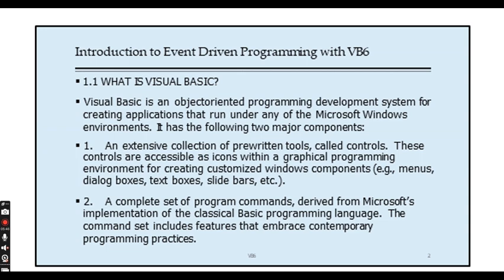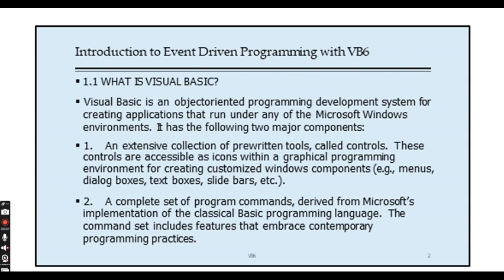Okay. A control is like a command. This is where in a programming language, for example, in our Visual Basic 6.0 integrated development environment, these controls are accessible as icons.